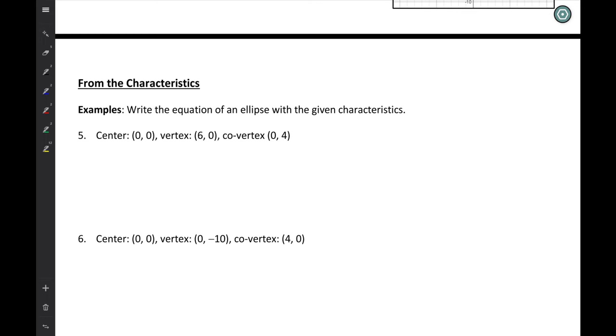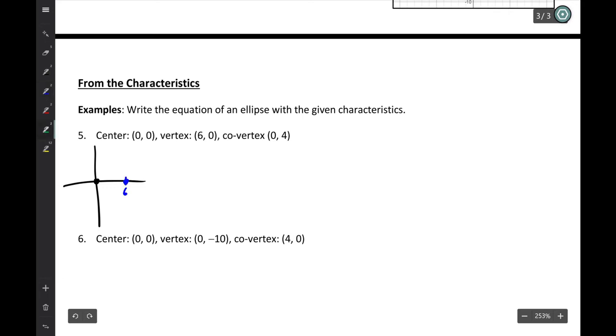All right, let's go through and write some equations from the given characteristics. All right, in this first one, it gives me the center, the vertex, and the co-vertex. So what I like to do in these kind of problems is draw a quick little sketch to see what's going on. So my center is at 0, 0. My vertex is at 6, 0, right there.